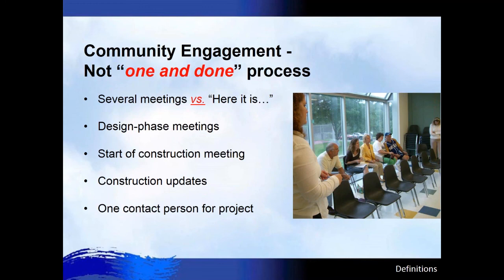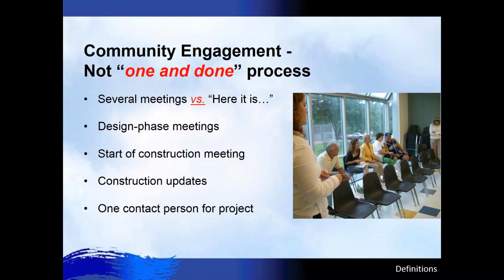So in my opinion, if you think community engagement is a once-and-done process, you're probably not going to do it successfully. Typically, we have a series of meetings with each project, and in those meetings, we go from kind of wild-eyed ideas down to the design being refined each time some more, and we also remind them what we talked about.